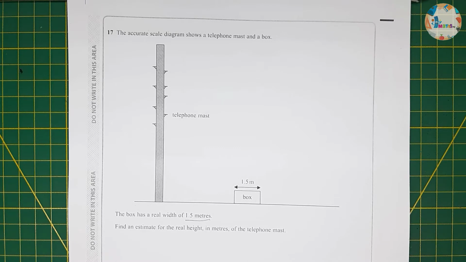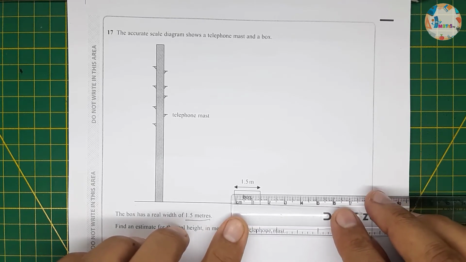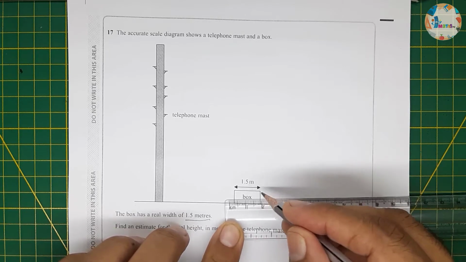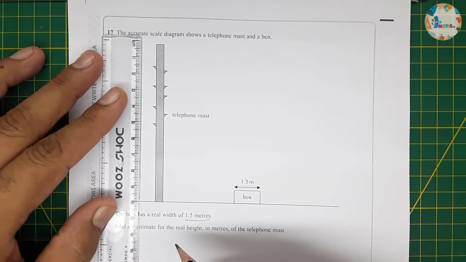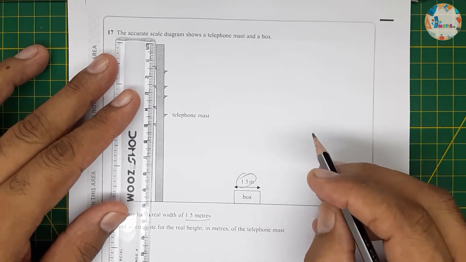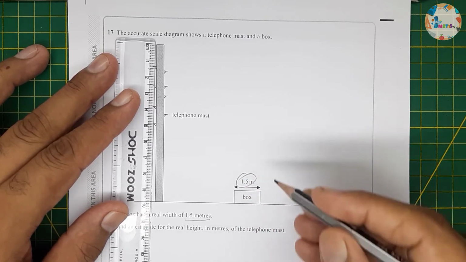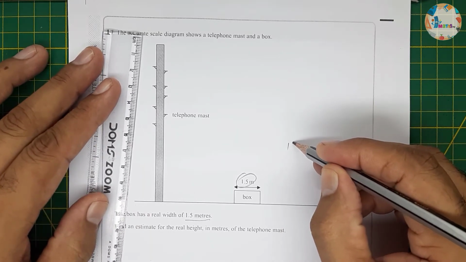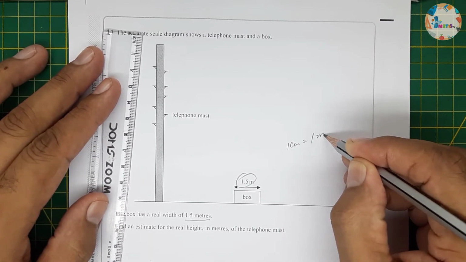So we can check. This is roughly 1.5 centimeter, and 1.5 centimeter is equal to 1 meter. So roughly we can take it as 1 centimeter is equal to 1 meter.